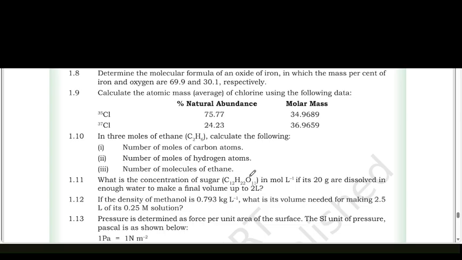Next question states: how much copper can be obtained from 100 gram of copper sulfate? Copper sulfate molecular mass: 63.5, 32, 16 times 4, which is 159.5.